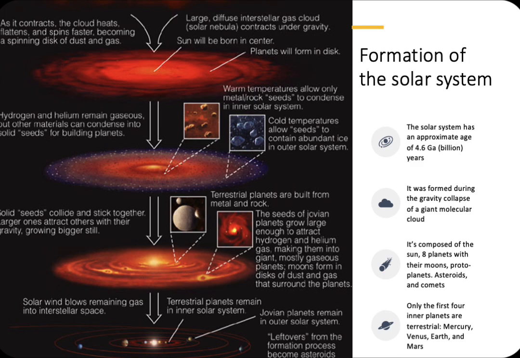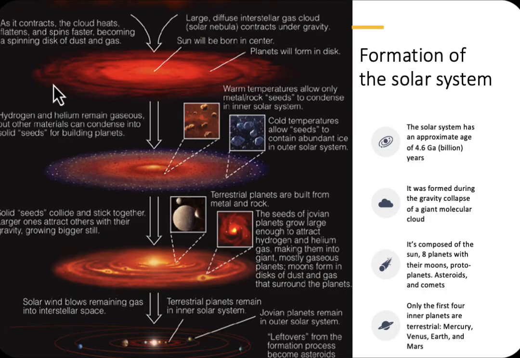Understanding that the Earth is not the center of our solar system, but instead the sun is, we come to how did this system form in the first place. From what we know and what we've been able to date, our solar system is about 4.6 billion years old, and it formed when you had a gravitational collapse of a molecular cloud.